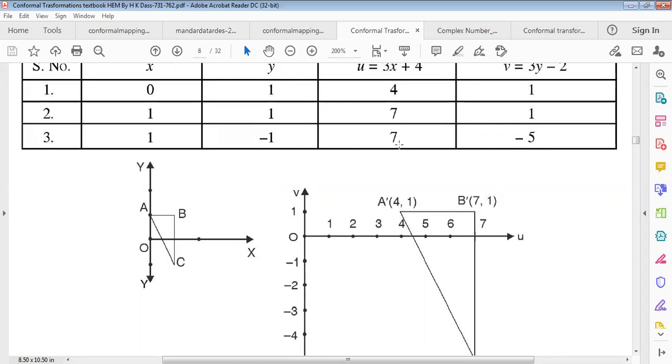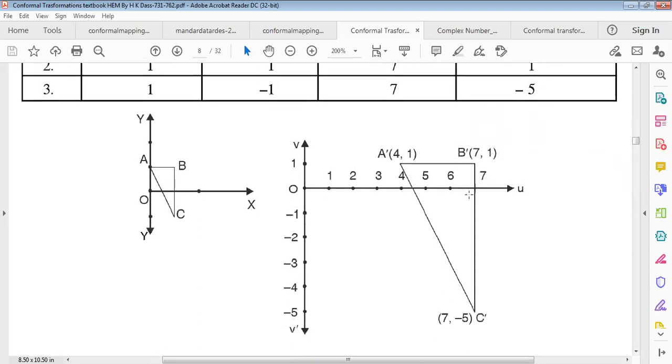Now for another point, u equals 7, counting 1, 2, 3 up to 7, and v equals minus 5, that means in the negative part of the imaginary axis of the W plane. This is the point C dash, u equals 7 and v equals minus 5. Now joining, we get another magnified triangle, very large compared to ABC.